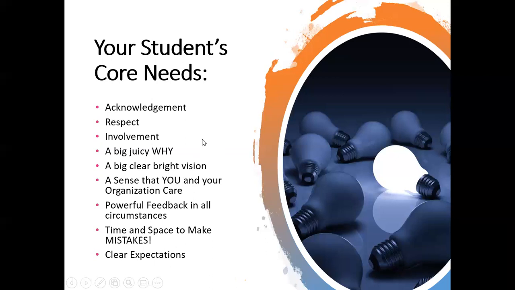Okay, respect. We certainly want to respect our learners and encourage them to share their opinions, and we want to treat them with respect in how we talk to them and different ways that we may behave, because at the end of the day, we are dealing with adult learners, okay? Involvement. We definitely want to get our learners involved to a degree, okay?